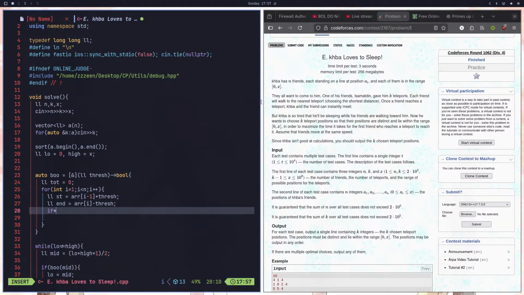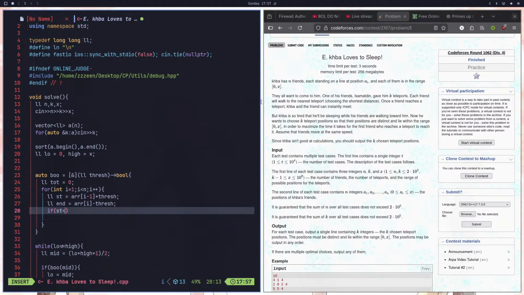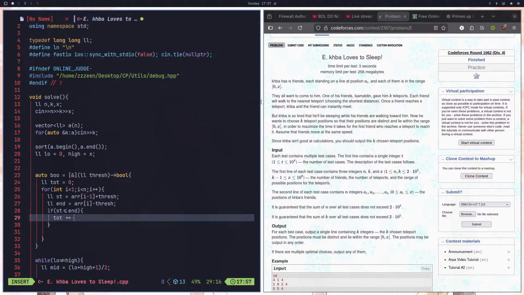If start is less than or equal to end, total plus equal to minus start plus 1.